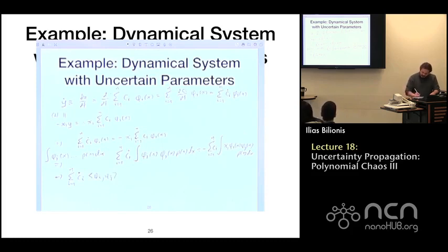Nice, we like that. And here we have minus sigma i equals 1 to n of ci, and the inner product of x1 phi i, which is just a function of x, with phi j.